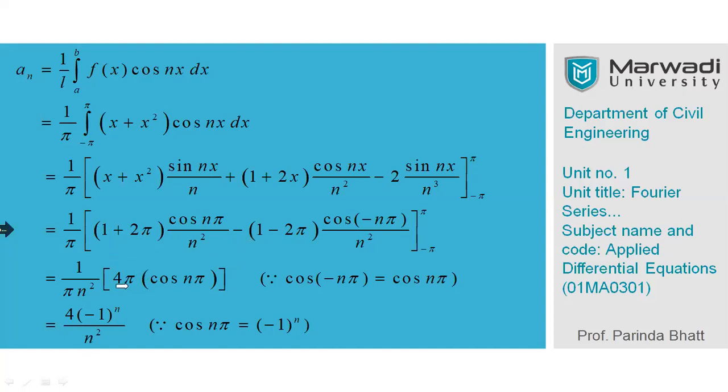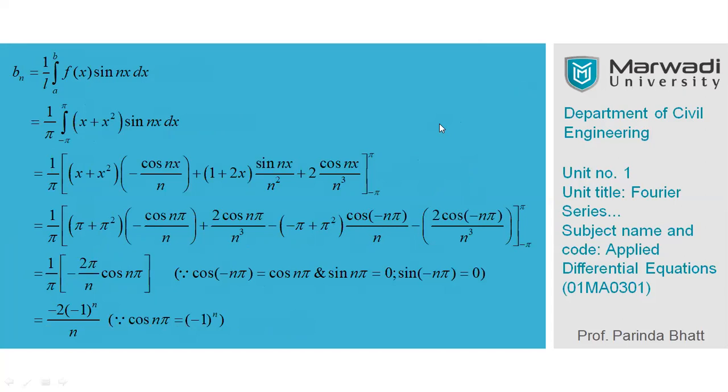Therefore the remainder is 4π cos nπ, therefore 4 times minus 1 power n by n square. This is the answer of aₙ. Now bₙ.